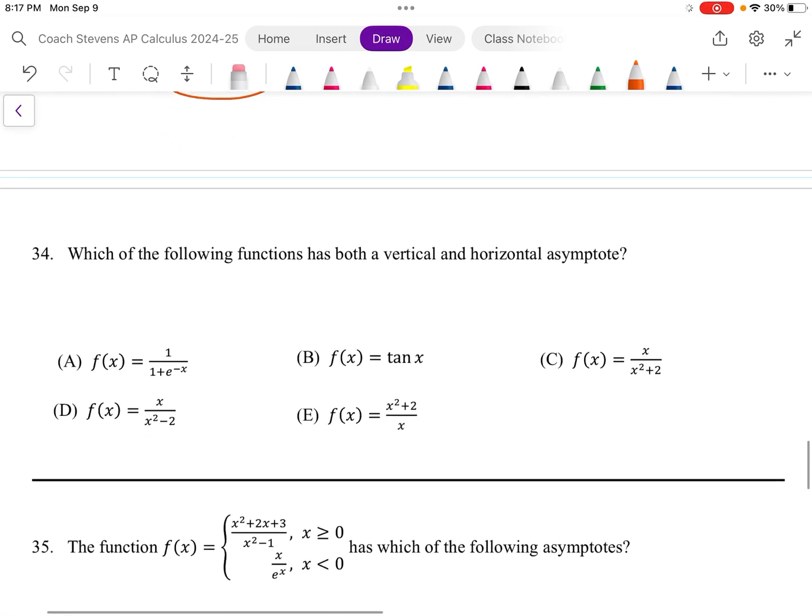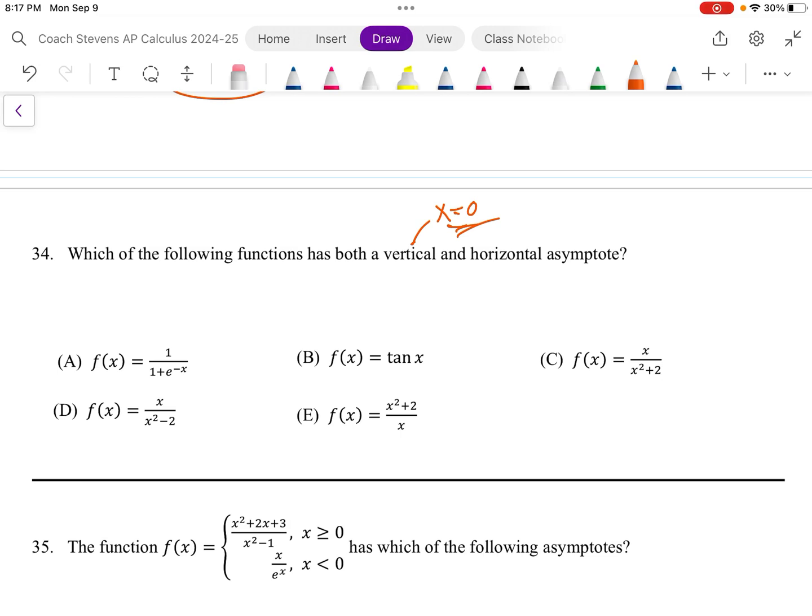Next one, it says, which of the following functions has both a vertical and horizontal asymptote? So in order to have a vertical asymptote, from a prior lesson, that means that it makes it undefined in the bottom. So I'm looking for what makes the bottom equal to 0, and then a horizontal asymptote.